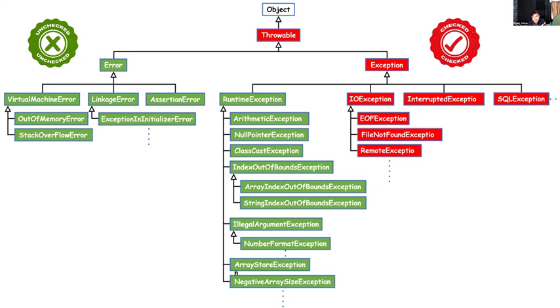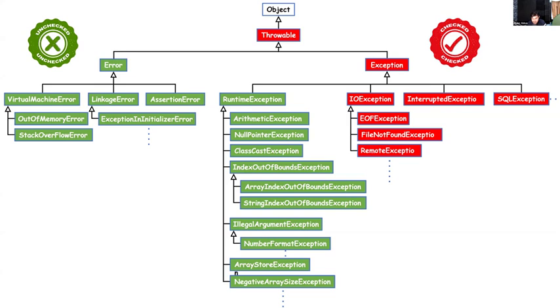However, there is something called partially checked also. Such an exception whose child classes are both checked and unchecked. So tell me one thing, guys. Do we have a class right now in front of you whose child classes, half of them are there to handle checked exceptions and half of them are there to handle unchecked exceptions? Is there any class here? If you know the inheritance concept in the hierarchy, guys, are you able to see one class called the Exception class?